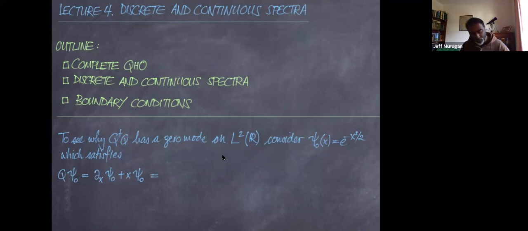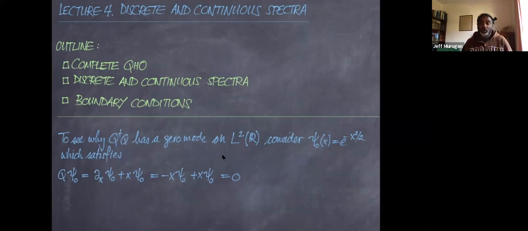The derivative of psi naught, if I differentiate this Gaussian, is just the exponential itself times the derivative of the argument of the Gaussian, which is just minus x. So that's minus x times psi naught. And then, of course, I have to add this x times psi naught, which gives 0. In other words, psi naught, the Gaussian function, is a 0 mode of the operator Q.